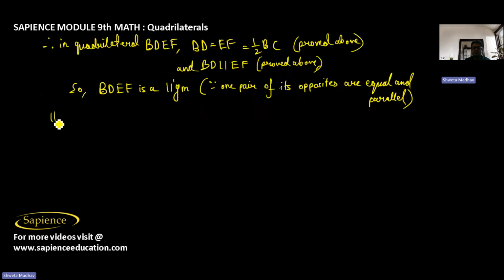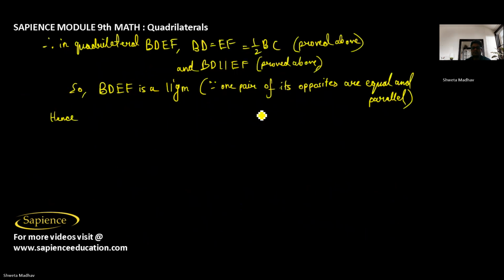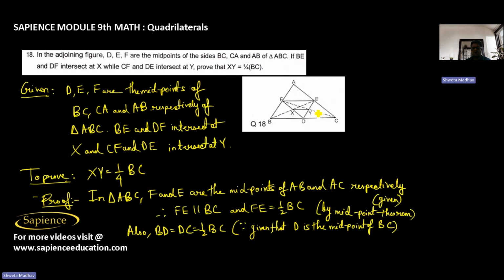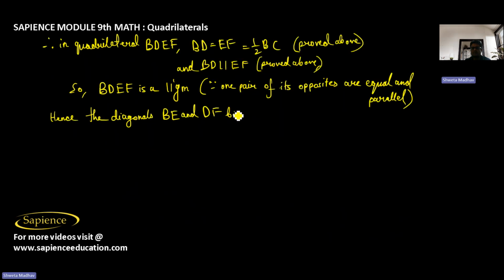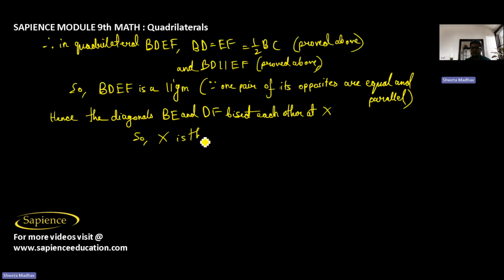So hence we can say that the diagonals BE and DF bisect each other at their point of intersection, which is X. So X is the midpoint of BE.